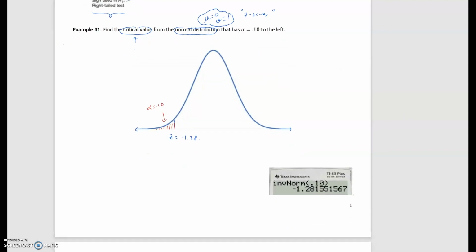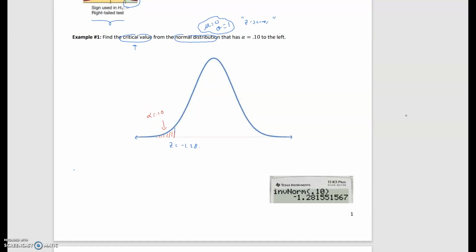And let me just write it as a sentence. So in this case, the critical value with alpha equal to 0.10 to the left is C equal to negative 1.28.